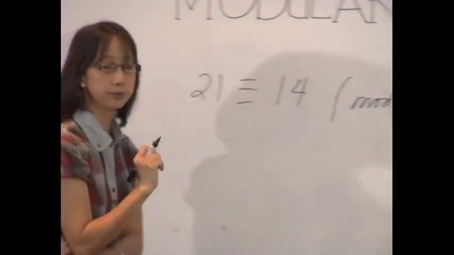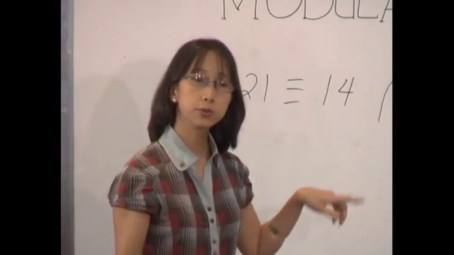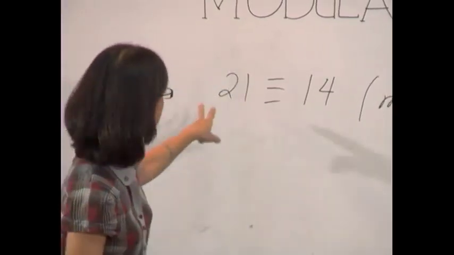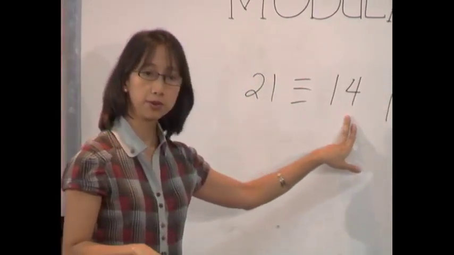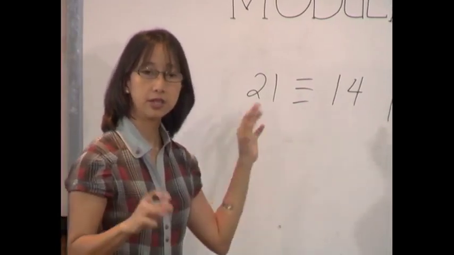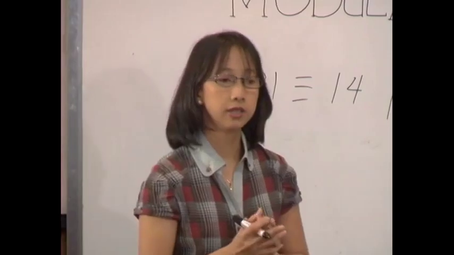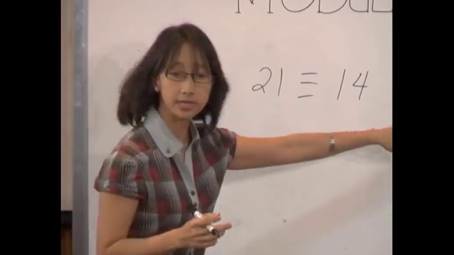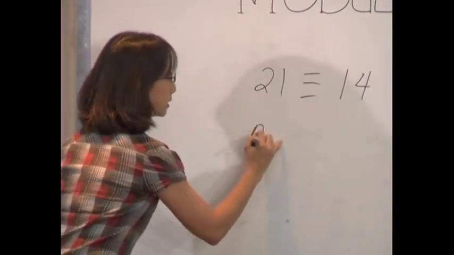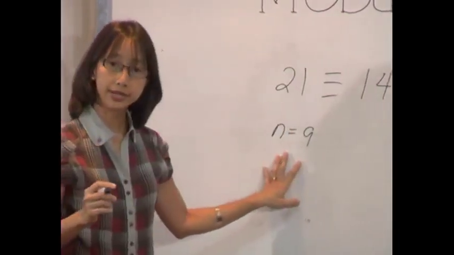What do we do? We can use the definition and check whether 9 divides the difference 21 minus 14. But there's another way. Can we reduce these numbers to simpler numbers and see if they are equal? Remember our modulus is 9. Our n is 9. When we divide by 9, what are the possible remainders?